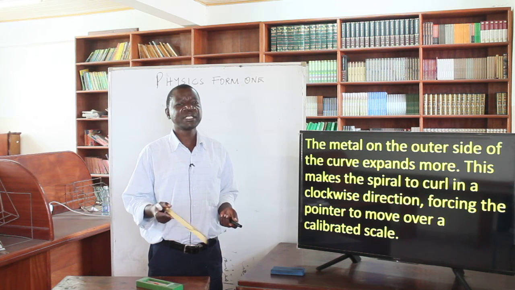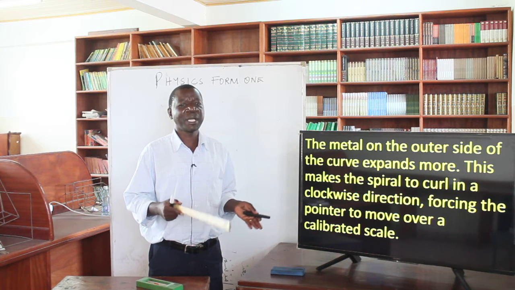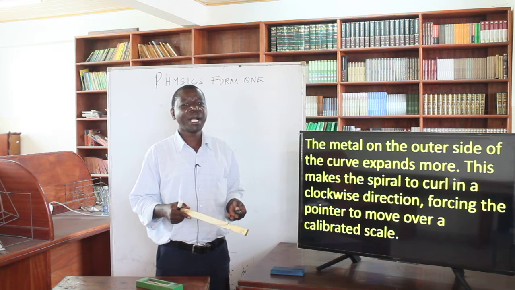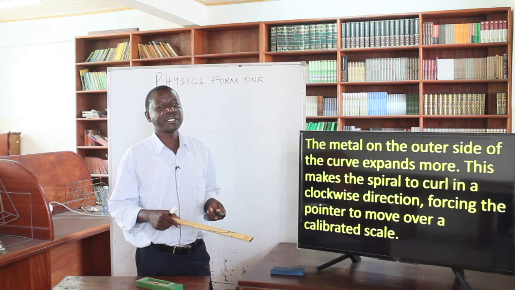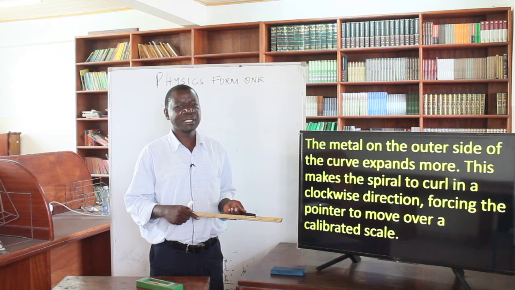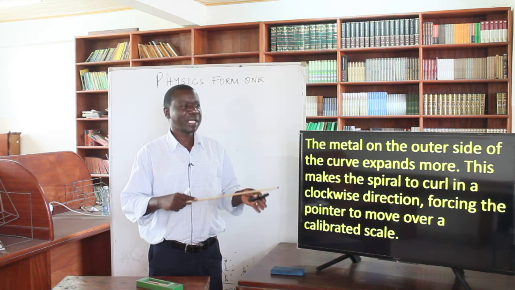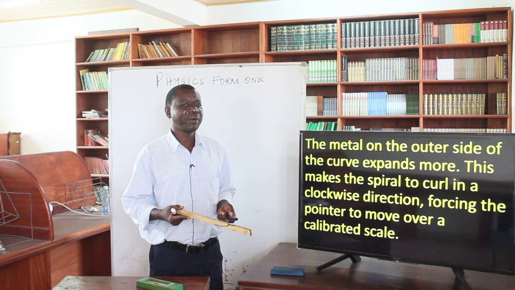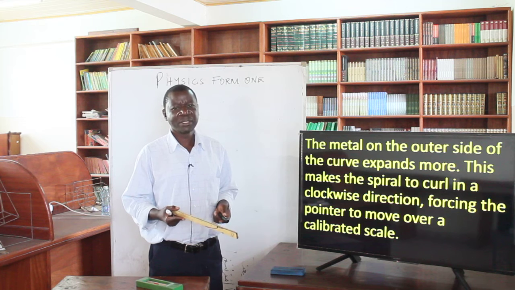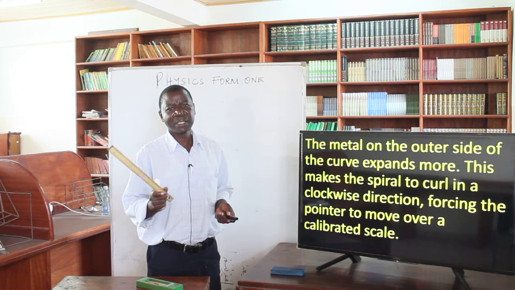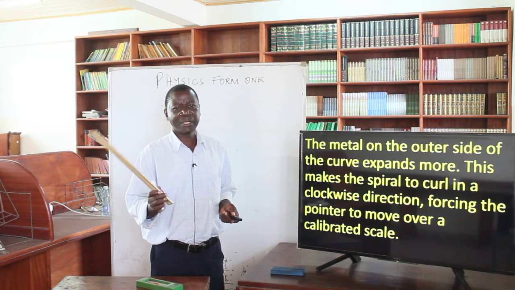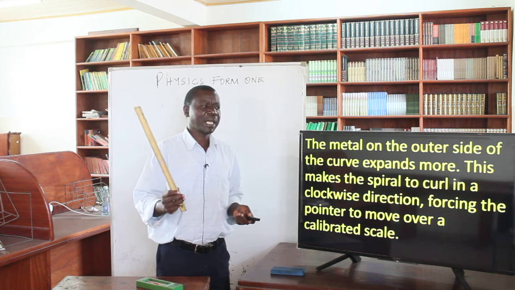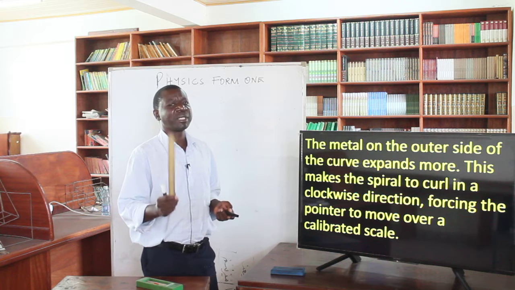So the increase in temperature will make that metal expand more, and this makes the spiral curl in a clockwise direction, as we have seen in the diagram, forcing the pointer to move over the calibration scale. So you can easily read the scale when the pointer moves over, and read the temperature that has been recorded.